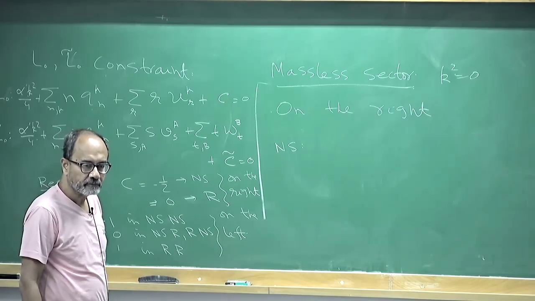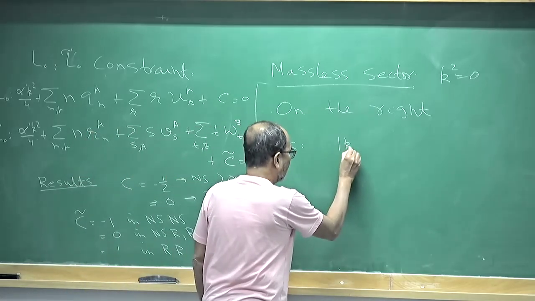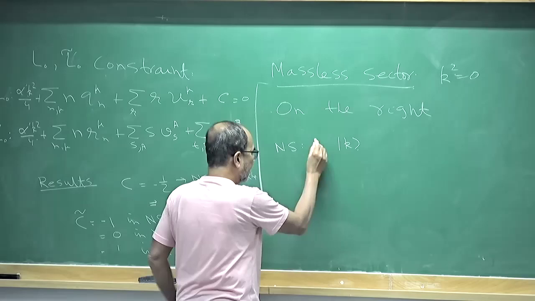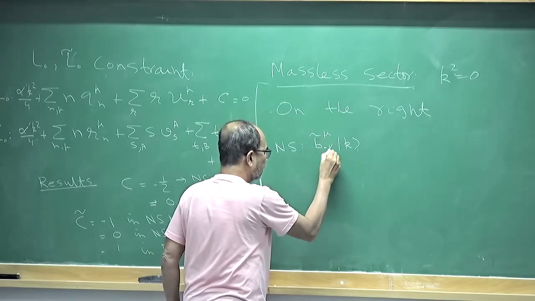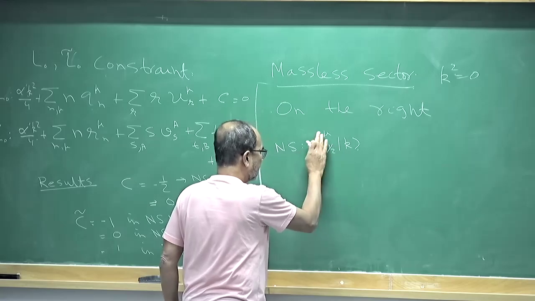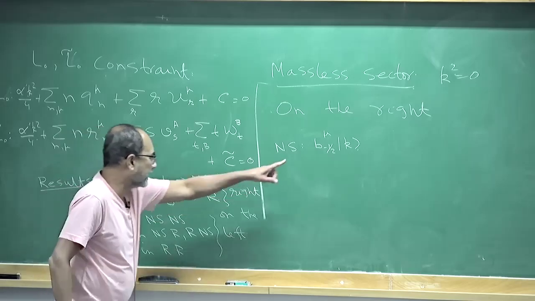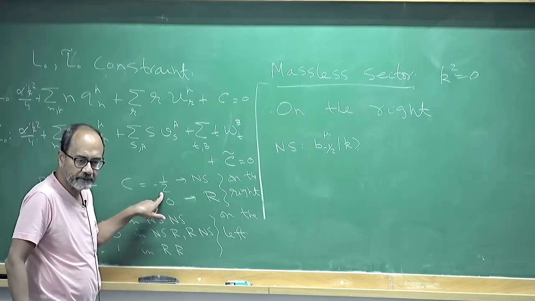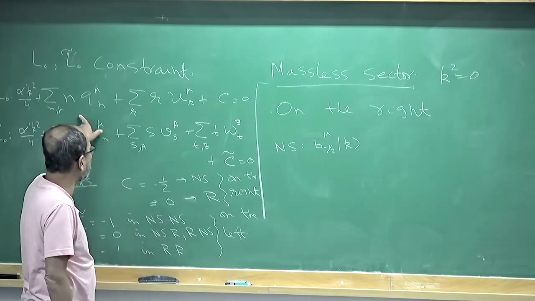On the ground state, you have to apply one b oscillator, b mu at minus half, right? Because this minus half is going to cancel this c equal to minus half, and this combination will make it 0.